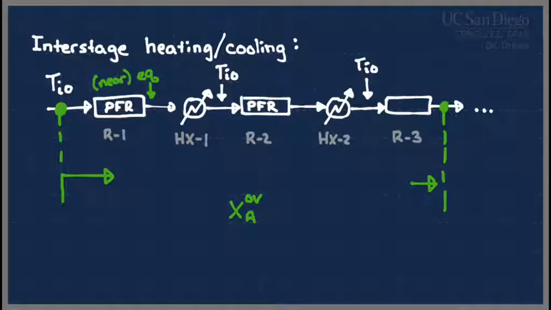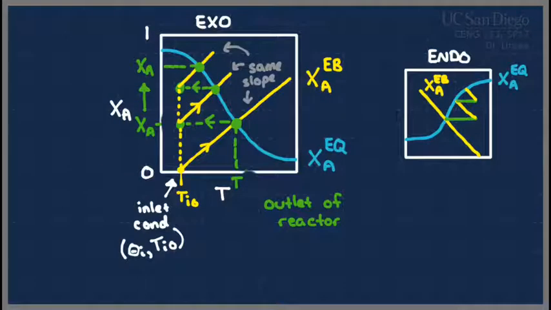If it doesn't approach equilibrium, we can still do this stage stepping. The only thing is we take partial steps, right? If we wanted 50% of equilibrium, then we draw that line until it hits 50% of conversion. But more often, these things will get pretty close to equilibrium, so we just step all the way up to the equilibrium curve.